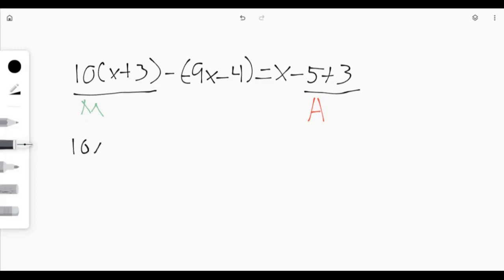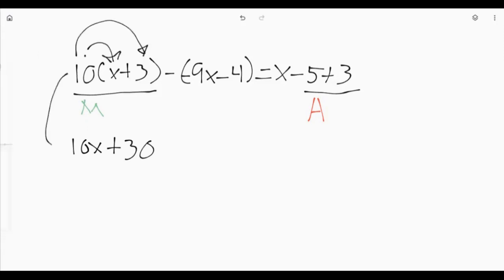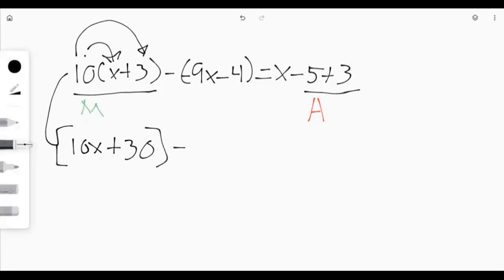That goes out to 10 times x plus 30, because you're 10 times 3. So you multiply there, and then you multiply there, and that's how you get this expression. Now we rewrite the rest of our expression, and let's do this simple addition on the right side.